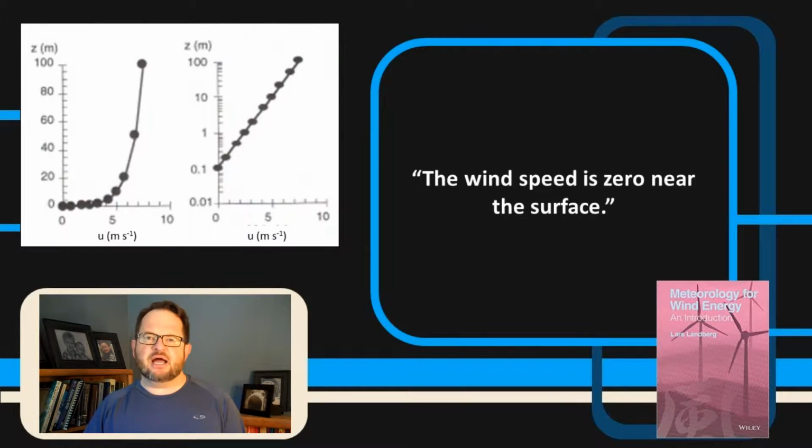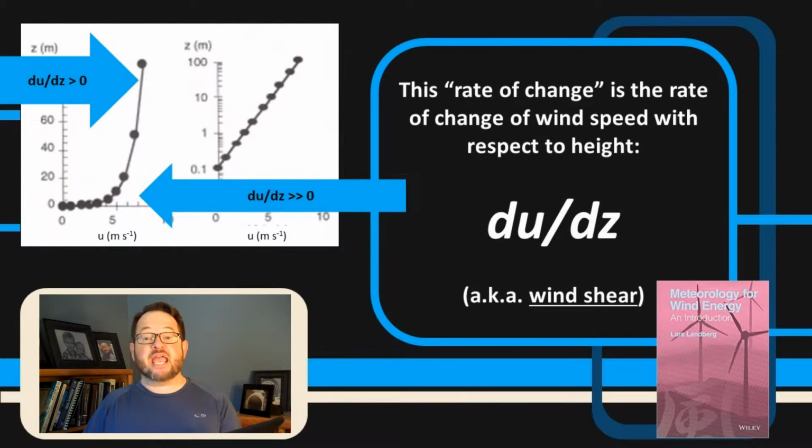On the other hand, it's useful to explain some of the assumptions he made, because we can see the results on the diagram here. We can see that there is a rate of change of the winds with respect to height. The right word for that is wind shear, how the winds are changing with respect to height. Your textbook is going to use the symbol du/dz for this, like the derivative of the wind speed with respect to height.